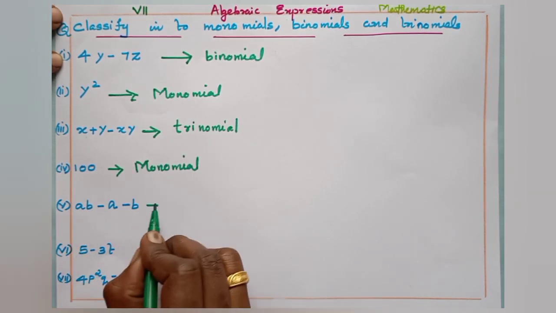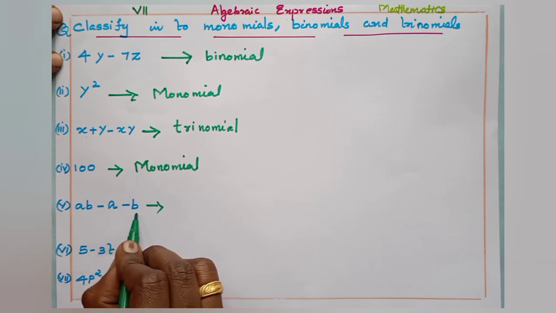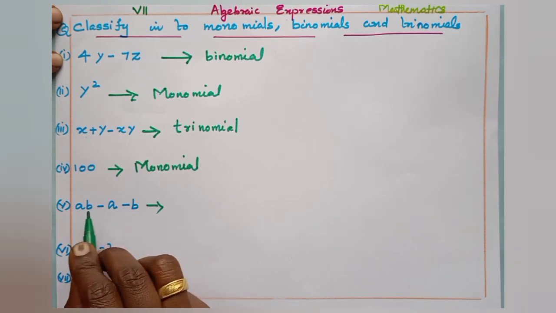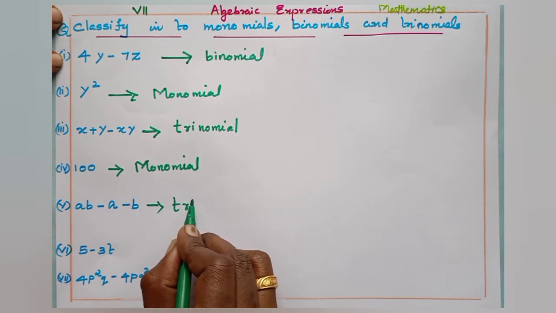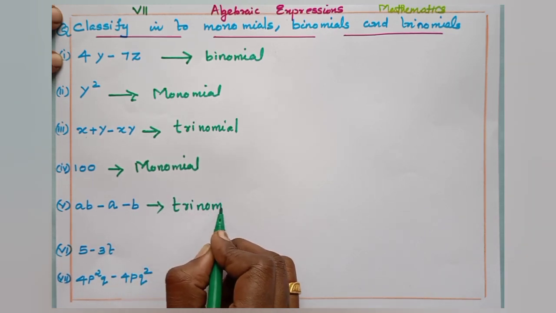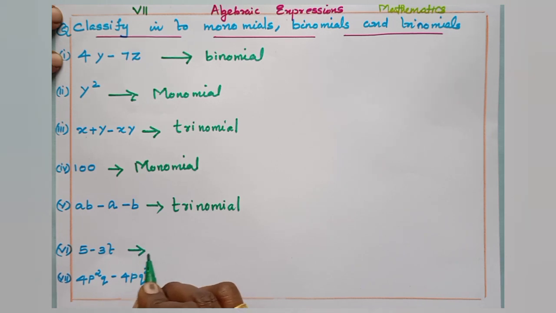Then fifth question. ab minus a minus b. So this contains how many terms? Three terms. So it is a trinomial. Sixth question. 5 minus 3t. Two terms here.